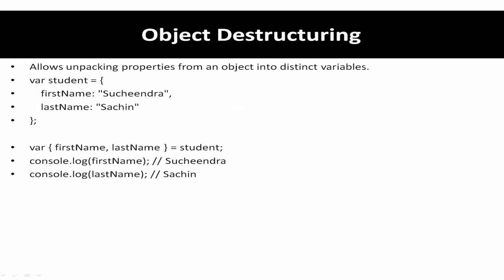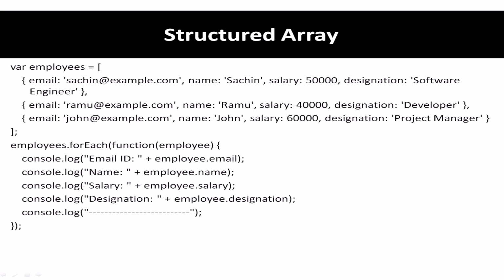In the previous example we declared in curly braces, but in this example we are going to use square braces. Inside the square brace we have declared curly braces to separate each and every element.